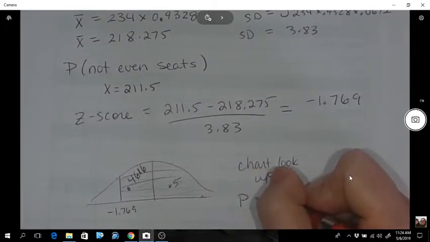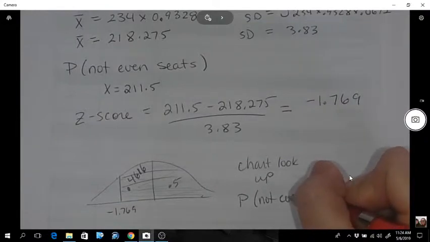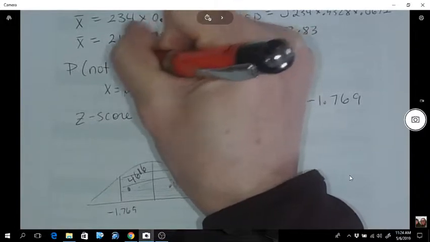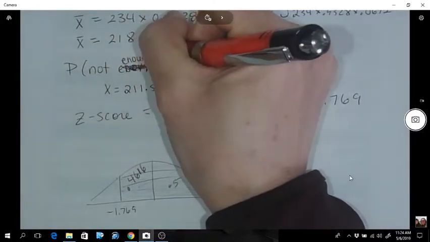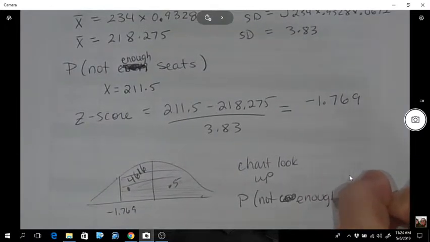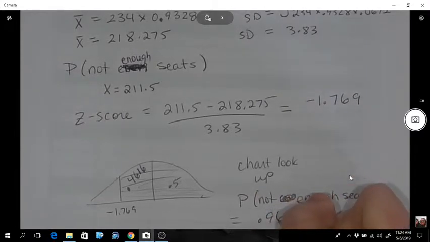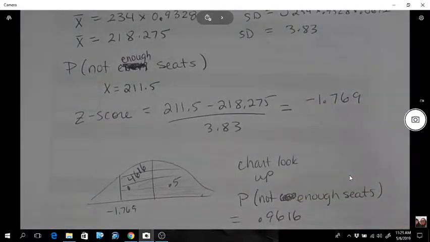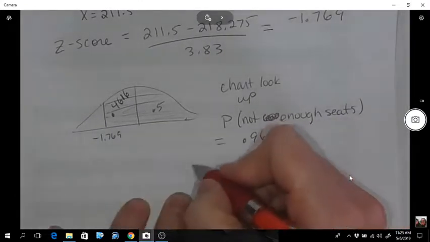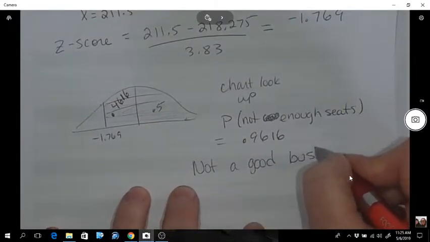So the probability of not enough seats is 0.9616. Whew, that's some pretty bad statistics there. So this is not a good business decision.